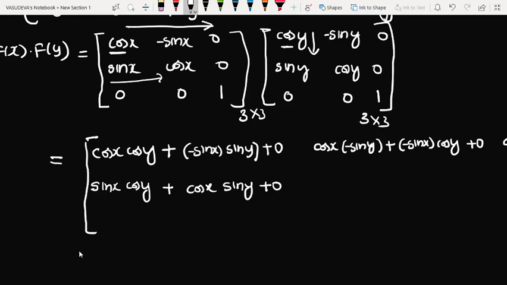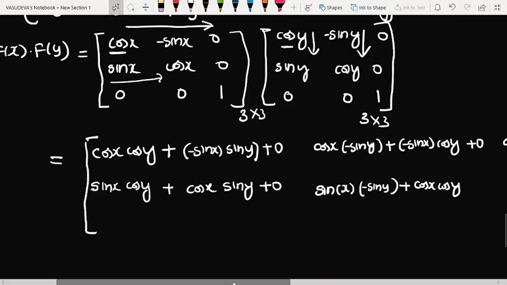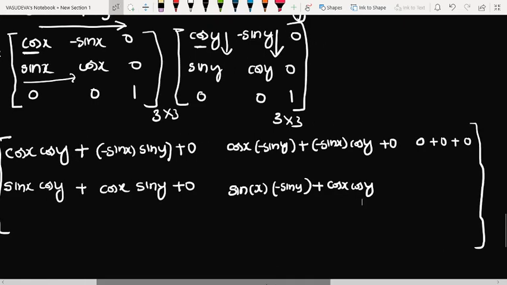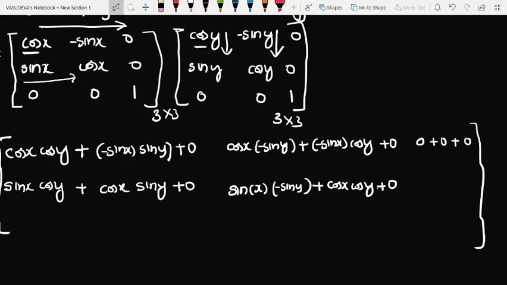Now the second row and the second column: this will be sin x into minus sin y, and plus cos x into cos y, plus 0 plus 0. And the second row and the third column is 0 plus 0 plus 0 into 1 is 0.